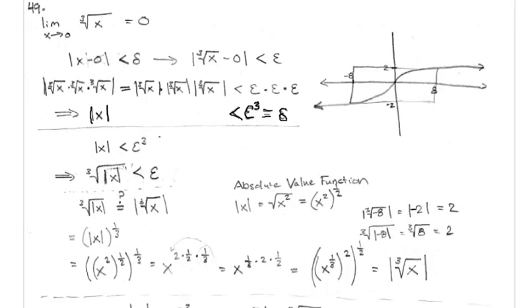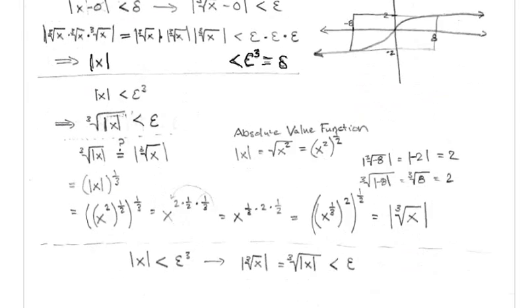So we need to show that if the absolute value of x is less than our delta value, and our delta value we said was epsilon cubed, then we need to show that our f of x minus L will be less than epsilon itself.